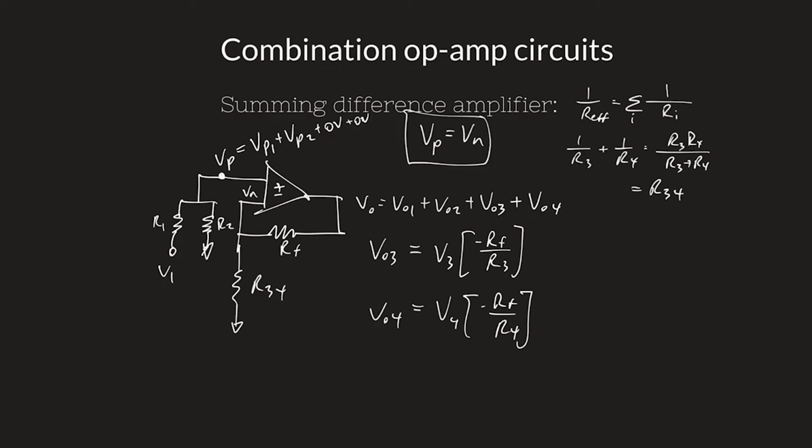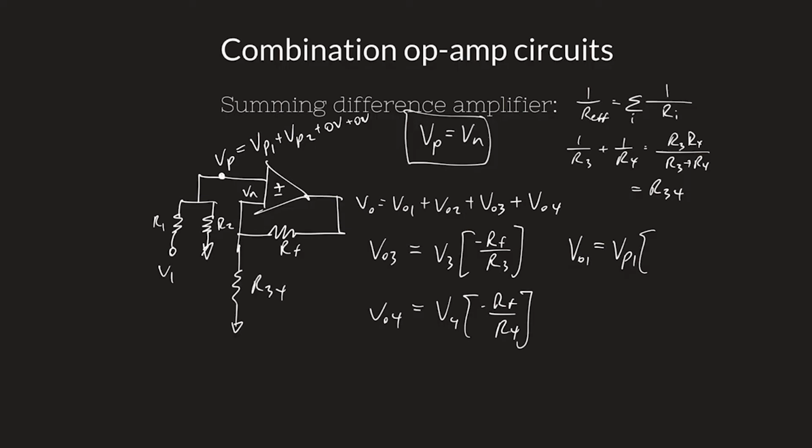Remember I said up here on VP, we're going to consider VP due to 1, VP due to 2, and so forth. So V out due to 1 is equal to VP due to 1 times the gain term that would typically be seen at that node. For putting an input on that node, we're just replacing V1 with VP1.